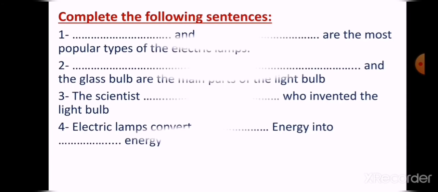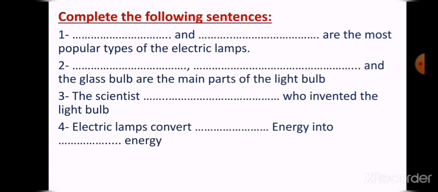Now, let's solve this evaluation. Complete the following sentences. Number one, what are the most popular types of electric lamps? They are light bulb and fluorescent lamps. Number two, what are the main parts of the light bulb?